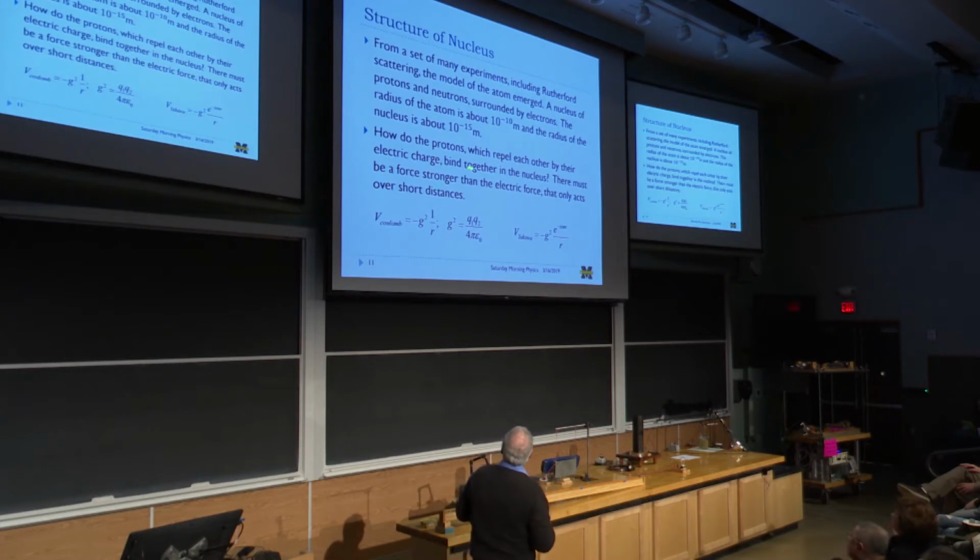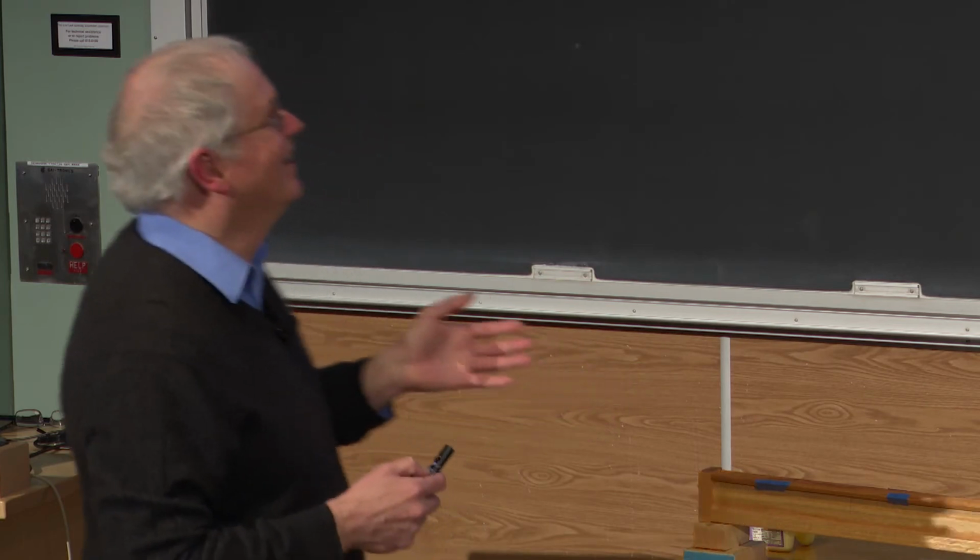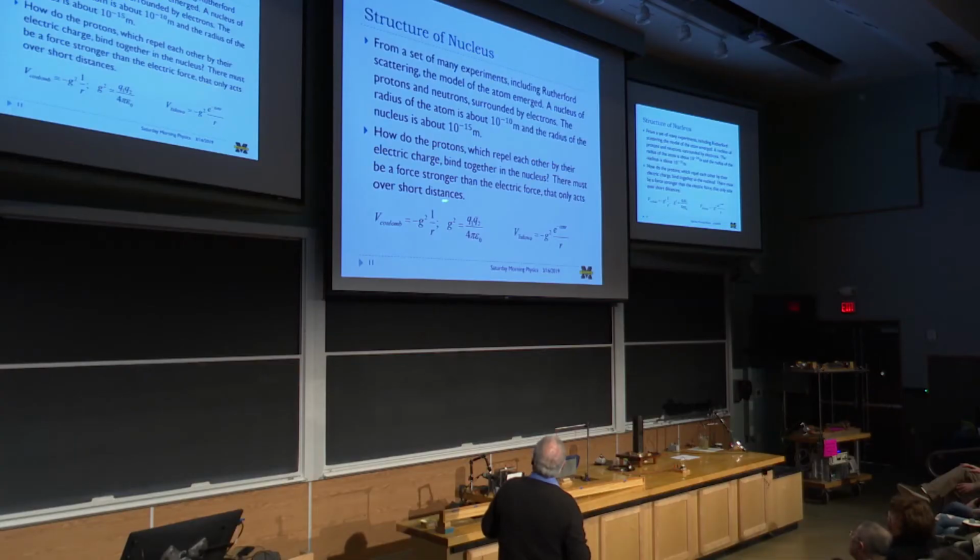So there must be a force stronger than the electric force that only acts over short distances. And physicists, using the full power of their imagination, called this new force that was stronger than the electric force the strong force. Okay. And it's still known as that today. Acts over only short distances.